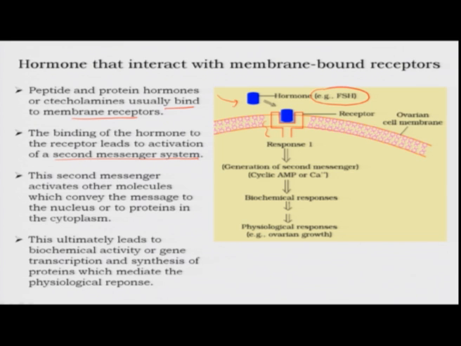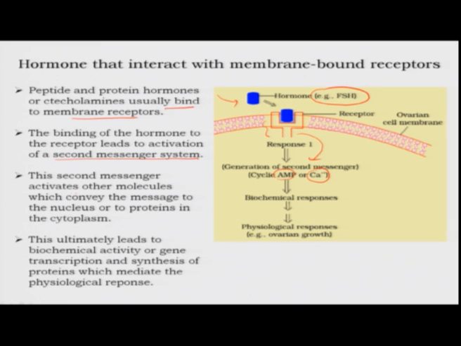Now that something has to be done, this has to be conveyed inside the cell. Since the hormone cannot get in, it binds to the receptor and conveys this message by changing the shape of the receptor, which activates a second messenger. The second messengers are usually very small molecules such as adenosine monophosphate or AMP or calcium, and we will talk a bit about the second messengers in the next slide.